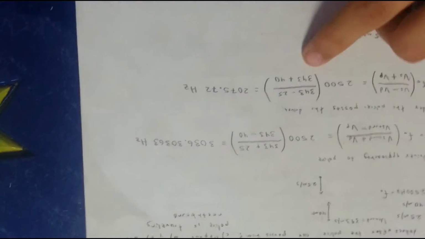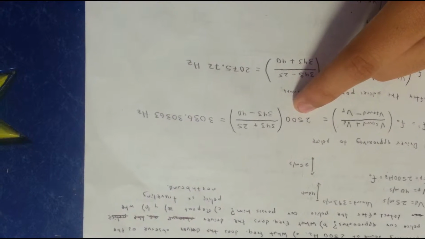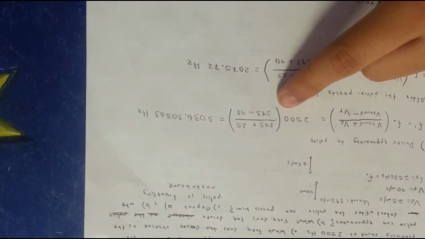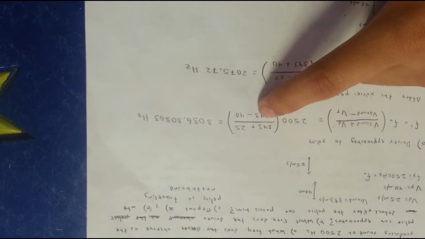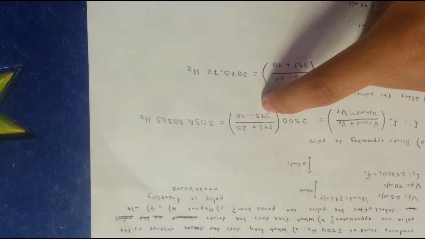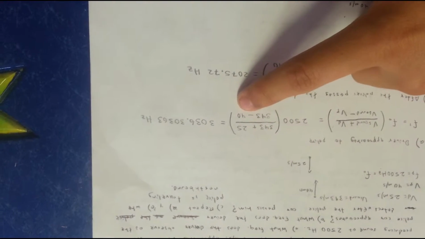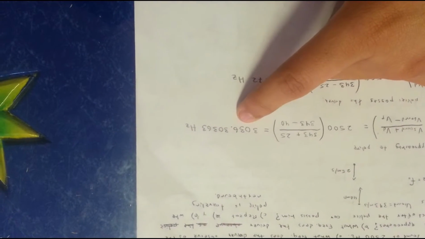So here we have the data, and here we have 2500 Hz times 343 plus 25 between 343 minus 40, and we obtain this frequency.